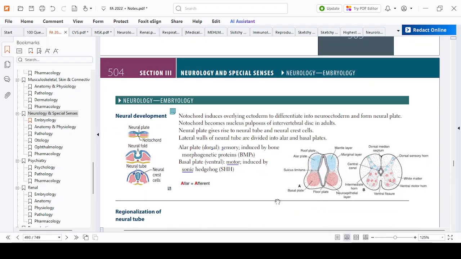Here I would like to add something important: there are certain points regarding neural crest defects. The neural crest defects include the ostium secundum and the VSD. These are neural crest defects. The adrenal medulla and neuroblastoma are also neural crest cell derivatives.